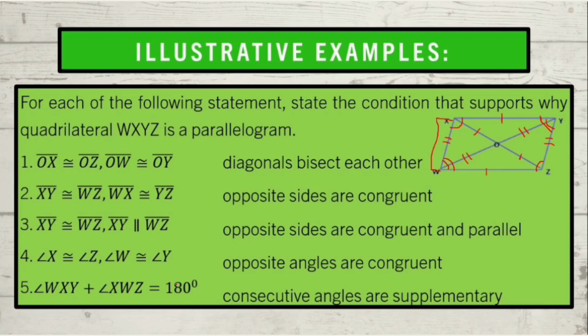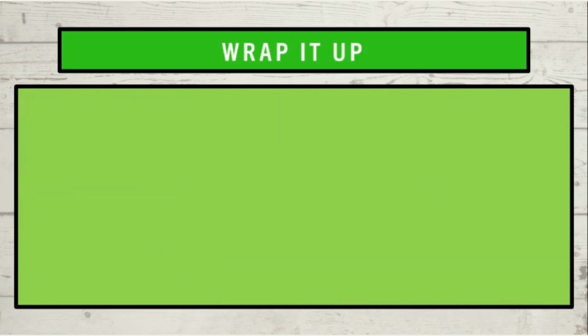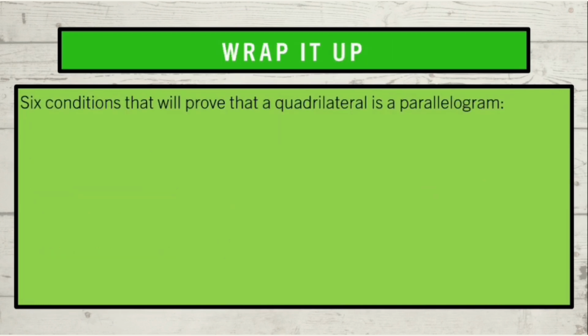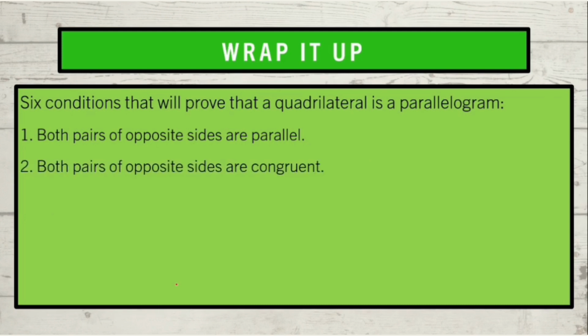Nice one! To wrap up our discussion for today, there are 6 conditions that will prove that a quadrilateral is a parallelogram, and those are number 1, both pairs of opposite sides are parallel. Number 2, both pairs of opposite sides are congruent. Number 3, diagonals bisect each other.